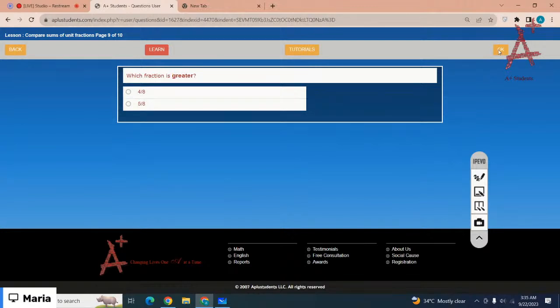Which fraction is greater? 4 by 8, 5 by 8. Yes, very good. 5 by 8 is greater than 4 over 8.